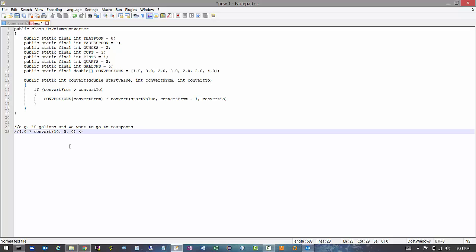You can think of 5 as US volume converter dot quarts, and 0 as US volume converter dot teaspoon.